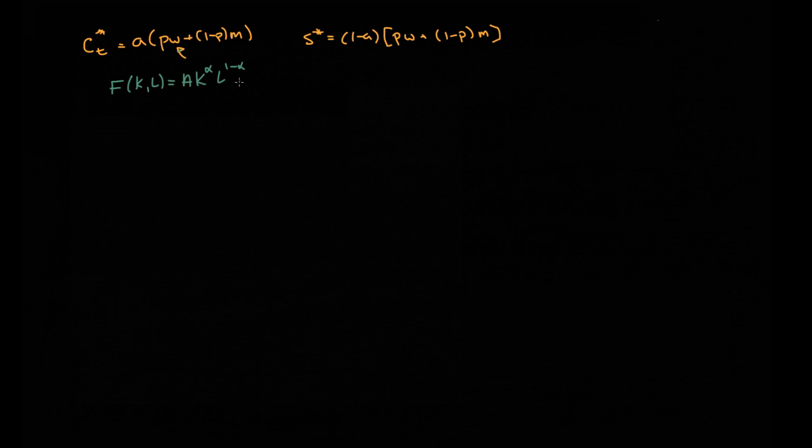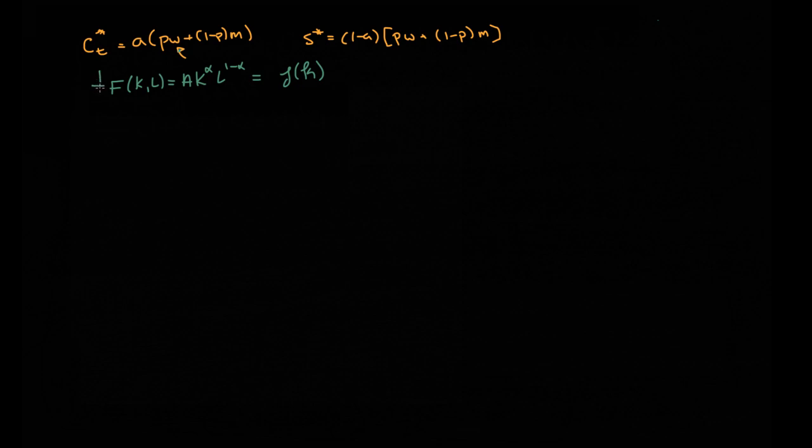The first thing I like to do is convert the production function into per capita terms. So what we want to find is f of k. We know that this is a homogeneous degree 1 function because it is Cobb-Douglas.